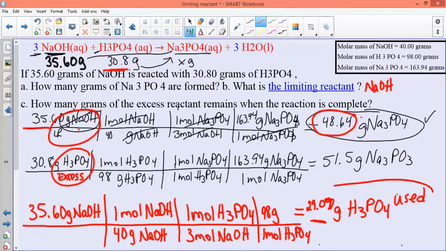I need to subtract that from how much I had. Given in the problem, I had 30.8 grams of phosphoric acid.